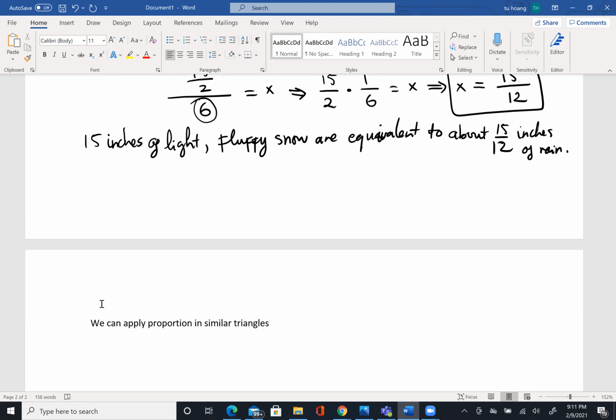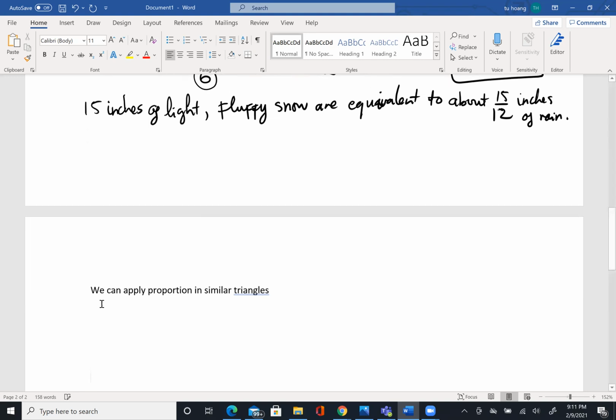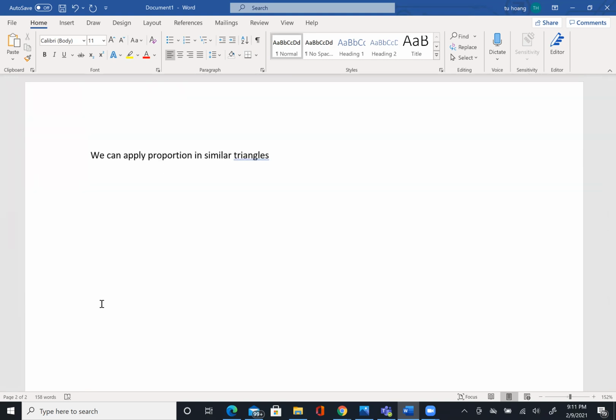Okay, so let me draw it. So you have, say, two right triangles. Okay, this is the first one. This is the second one, the bigger one.